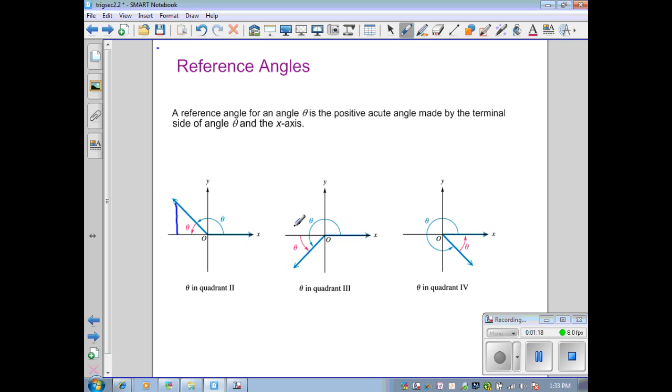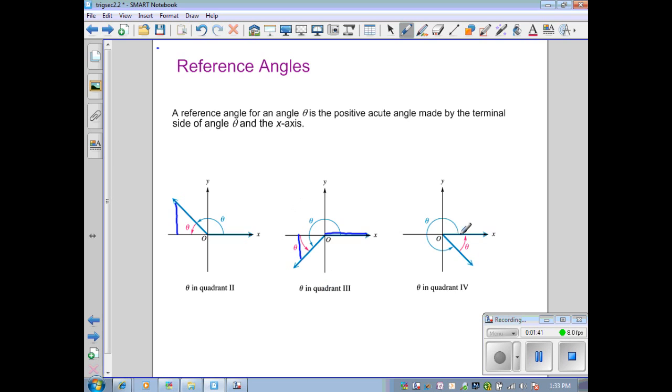The next one, again, we have an initial side on the x-axis, and when we move that counterclockwise, it will end up in quadrant 3. Again, this is not acute, but the idea we want to use for a reference angle is the terminal side that's in quadrant 3 in relationship to the x-axis between 2 and 3.